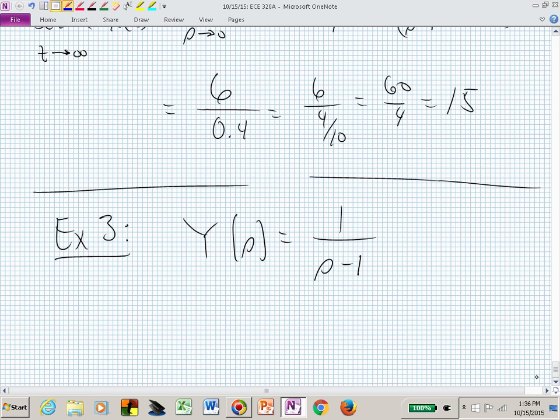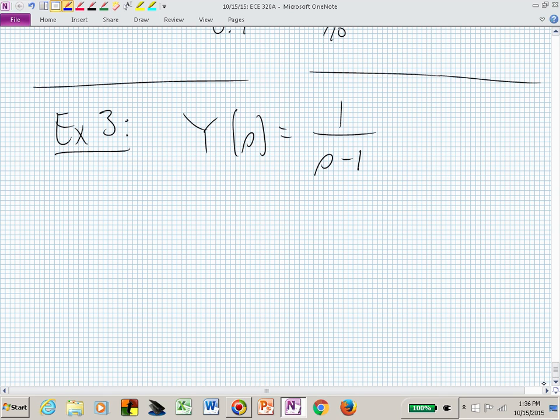Did that answer your question? You might be designing something and you go, based on this circuit that I've built, what's the final value if I put in a step of 6? Then you don't have to inverse Laplace transform. You can do the final value theorem and say, oh, I'm going to 15. Okay, that's okay.